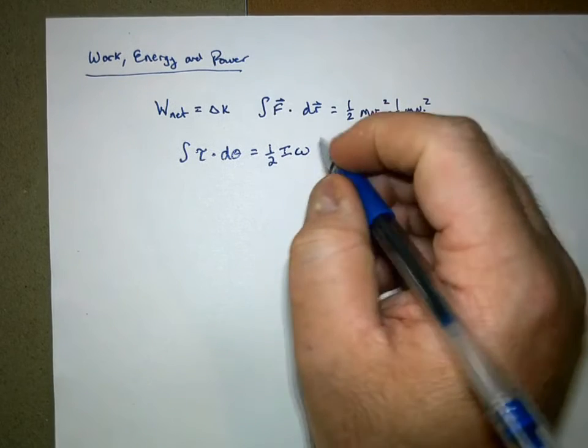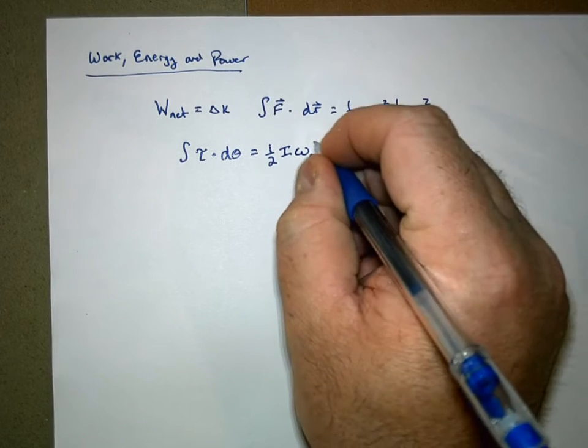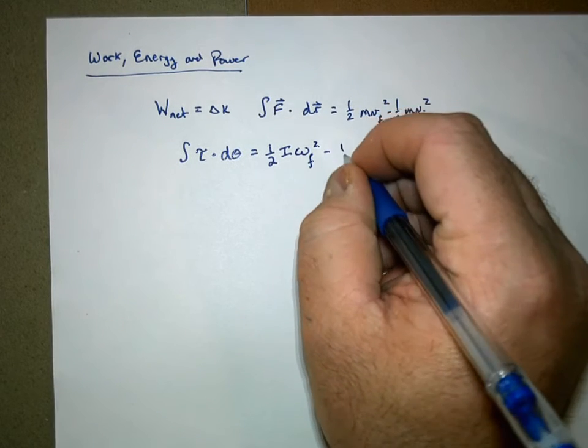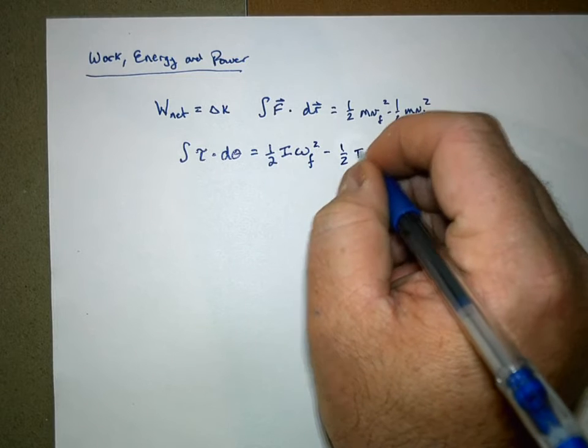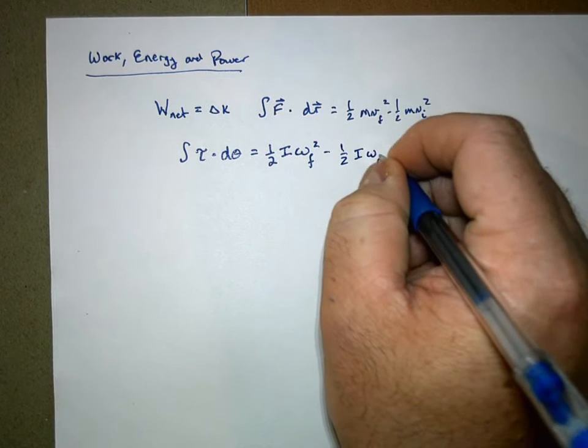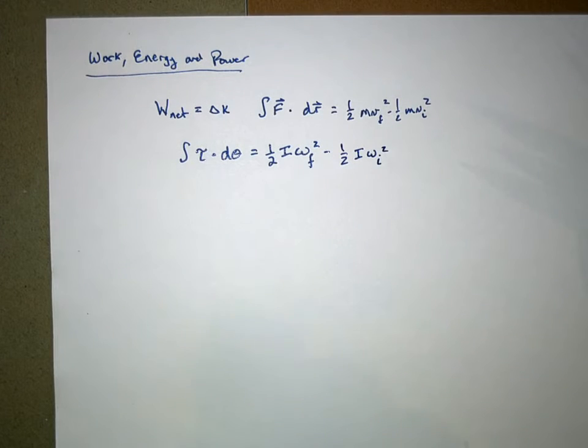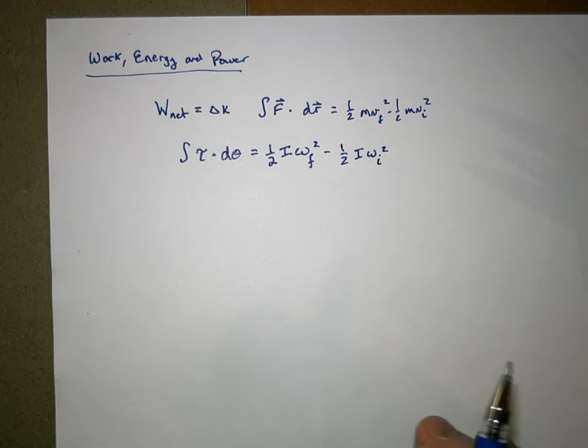So we're going to have 1/2 I omega final squared minus 1/2 I omega initial squared. And this becomes our rotational analogy for our work energy theorem.